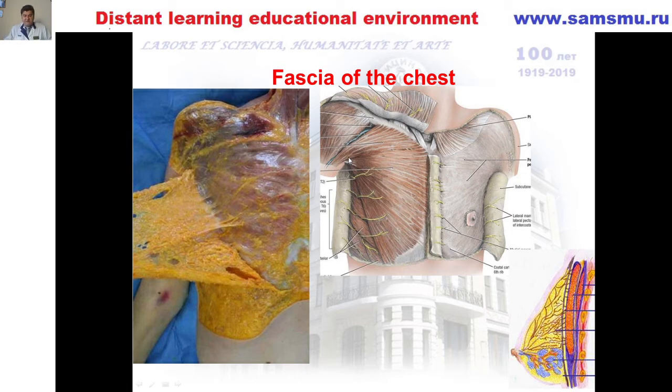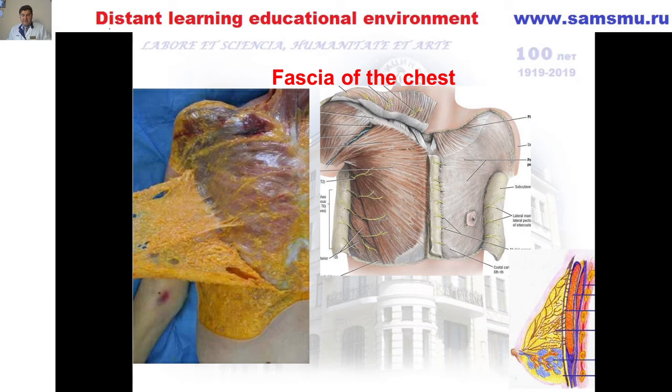This fascia forms the floor of the axillary fossa. From the periphery of the fossa, it spreads to the adjacent muscles, while in the center it forms a depression with the overlying skin, as the result of which the axilla or armpit is formed.